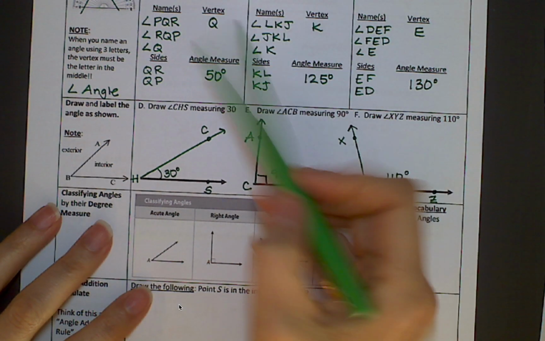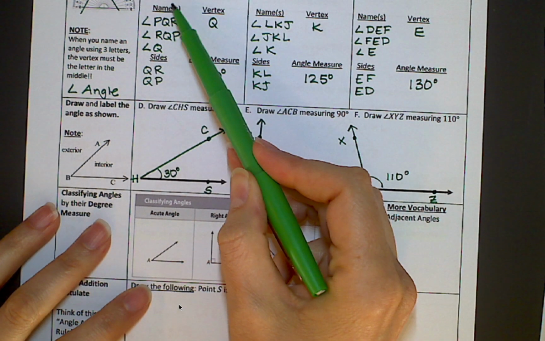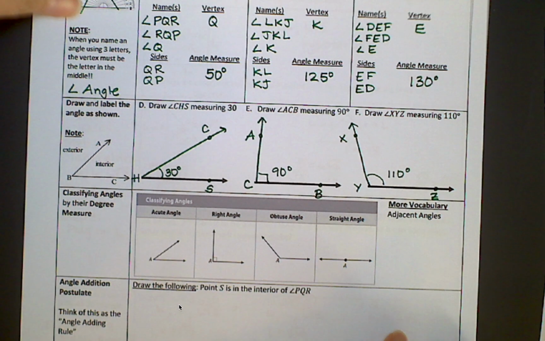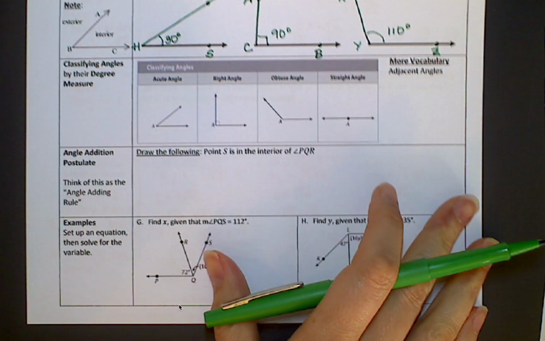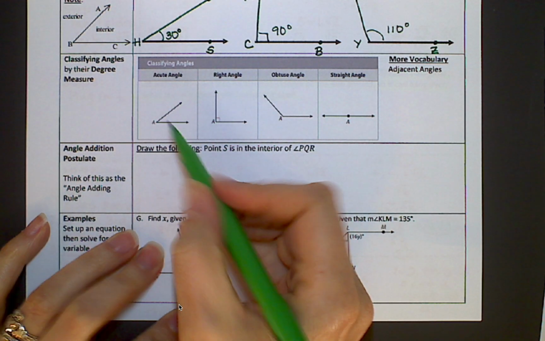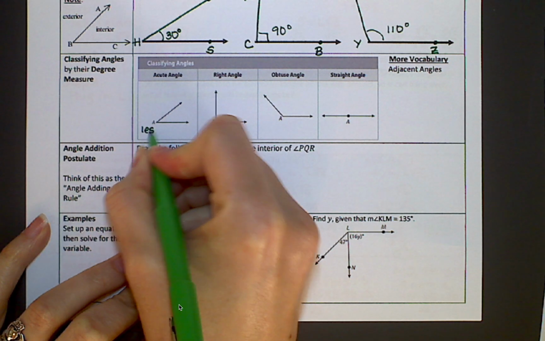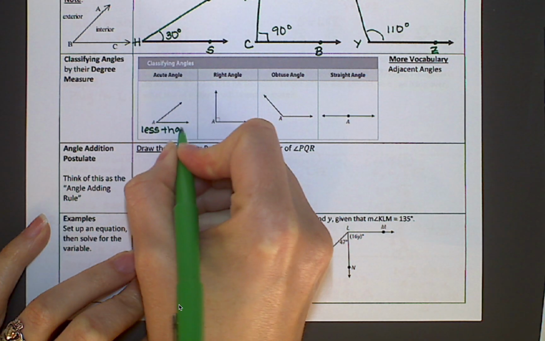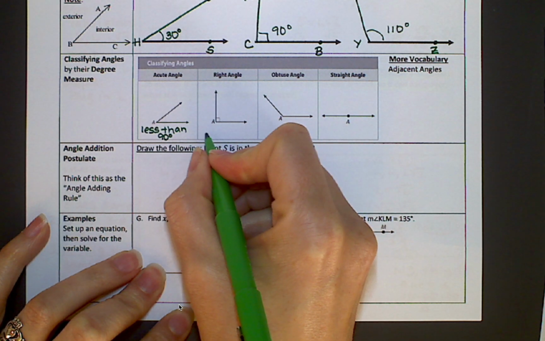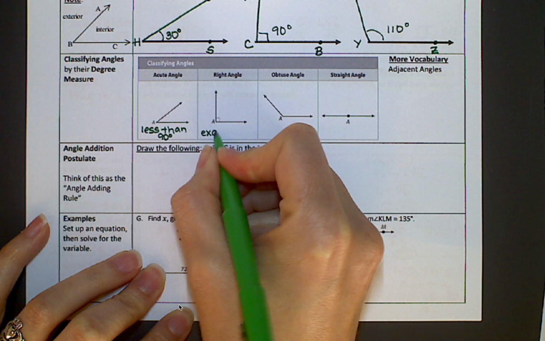Now, on top of labeling the names of your angles, you also need to identify their degree measure. So when you classify them, you should be hopefully familiar with these terms. There's an acute angle, which is less than 90. There is a right angle, which is exactly 90 degrees.